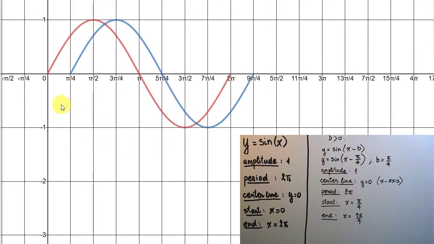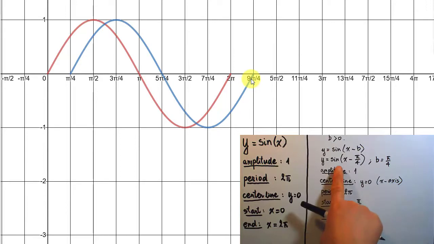And so now generally as an entire picture, then the graph in blue here is the graph of sine of x in red, but being shifted to the right hand side by a horizontal distance of pi over 4 on the x-axis. And so that's another generalization we can find out here. But the graph of sine of x minus pi over 4 is nothing but the graph of sine of x being shifted.